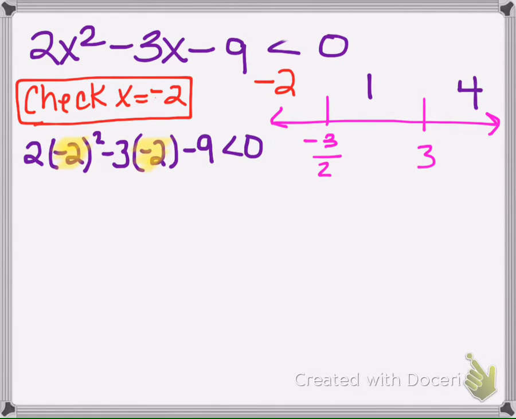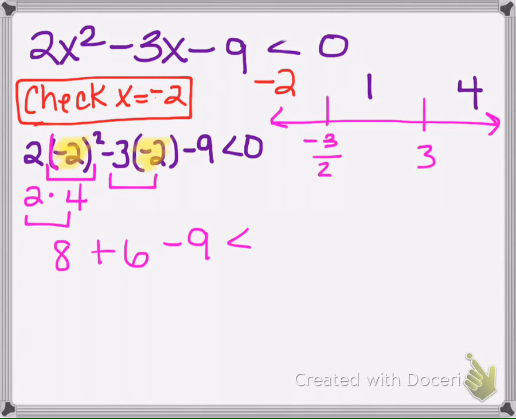If I check the negative 2 first, I plug it in. Order of operations, I do my exponents first, so that's 4. After exponents, we multiply. A 2 next to it means multiply, so I have 2 times 4, that's 8. Then negative 3 times negative 2, that's positive 6. Then bring down the negative 9.